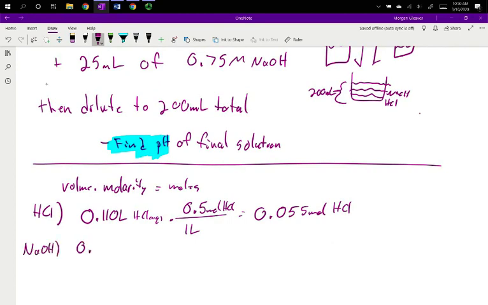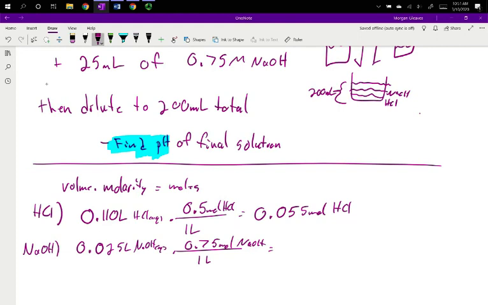In terms of the sodium hydroxide, we have 25 milliliters or 0.025 liters of NaOH solution. And the molarity for that is 0.75, so 0.75 mole in 1 liter. And so 0.025 times 0.75.